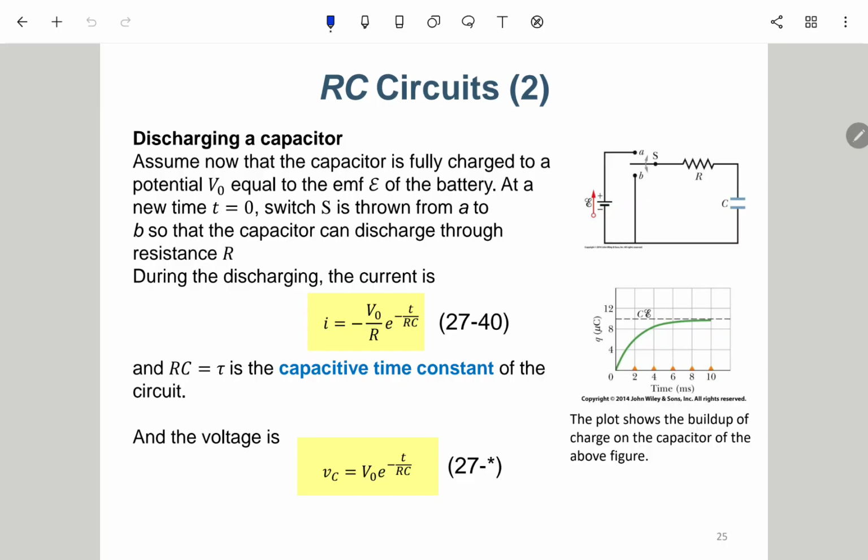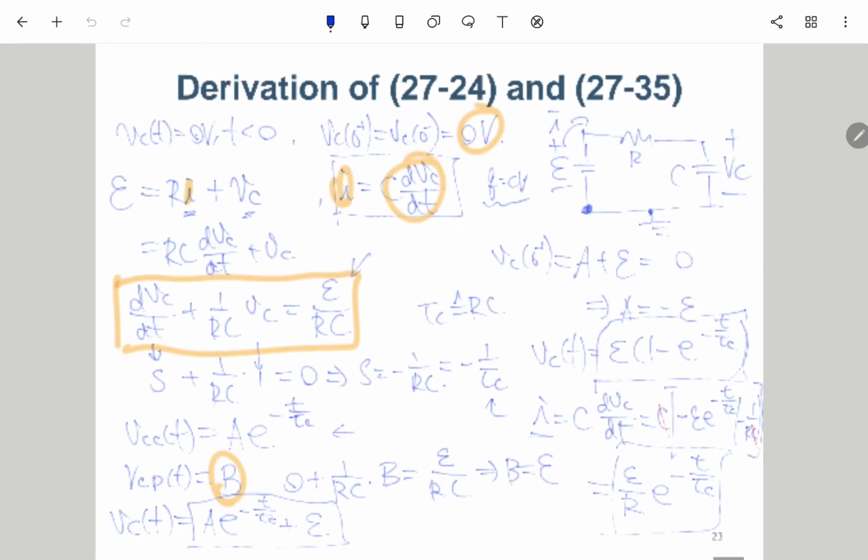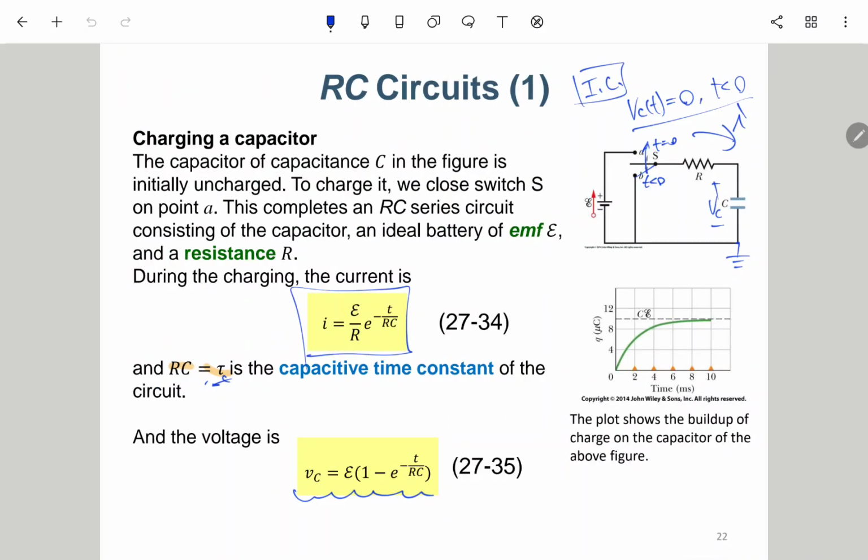So the next stage is to discharge the capacitor. Just now we already ended when we take t to be very large. When t tends to infinity, this I will be 0, and this Vc will be E when it is fully charged.